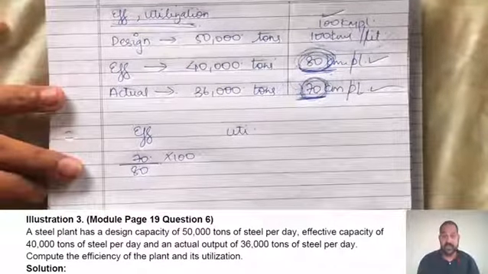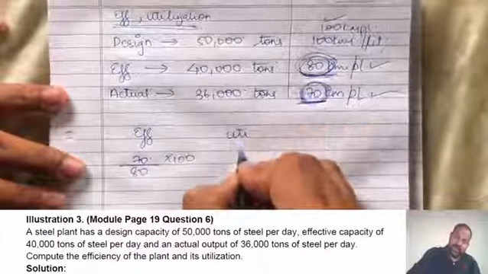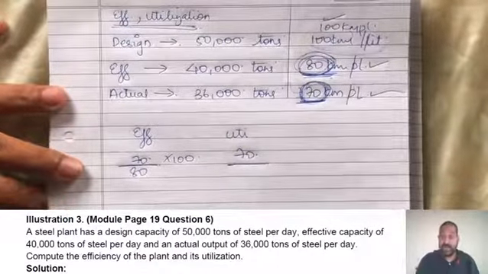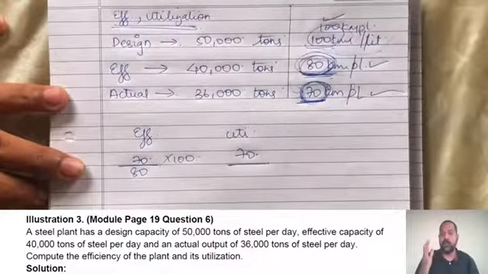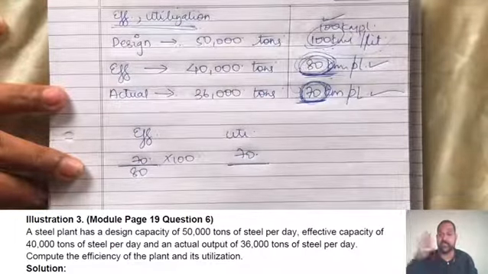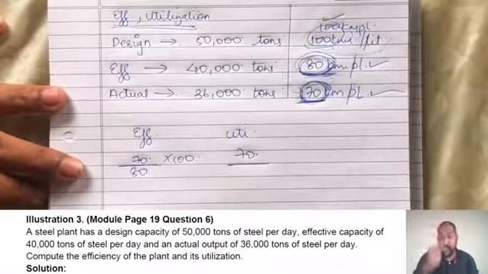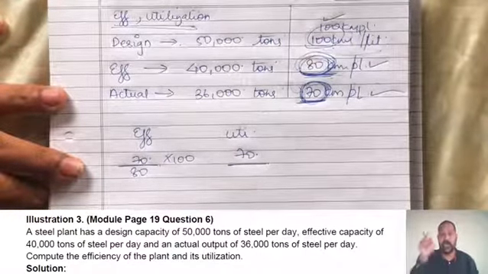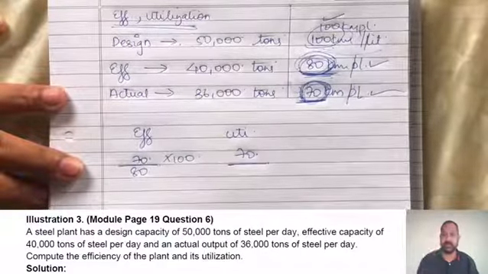And what is utilization? Utilization is what I get against the total. I don't care where the rest is getting lost. Find out how much you are short in utilizing the design.